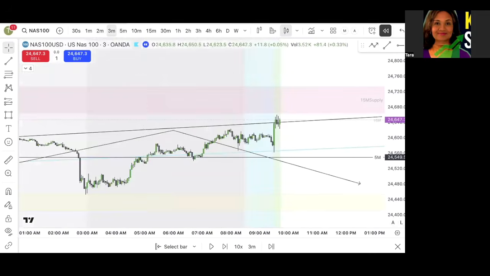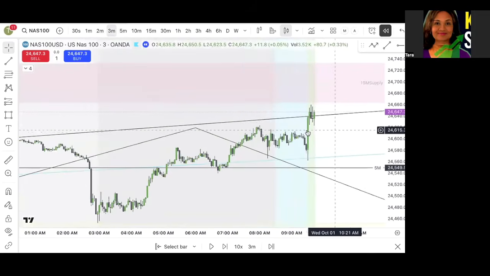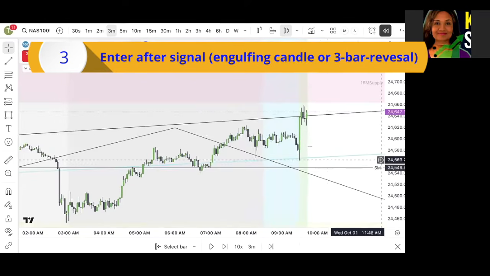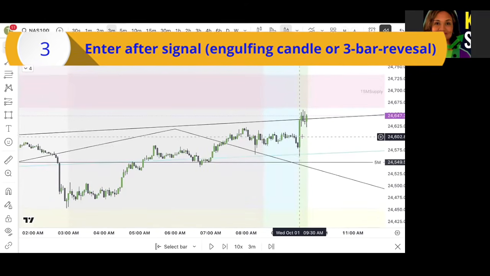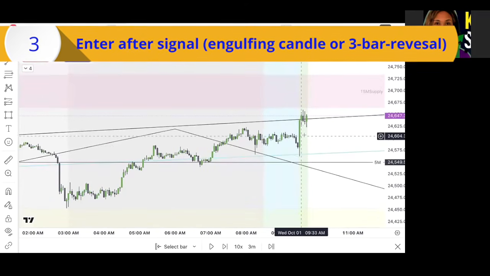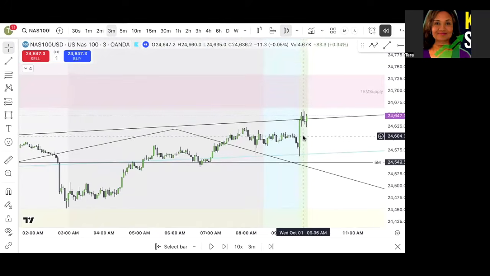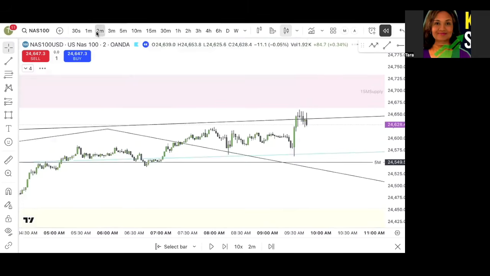Oh, and looks like within that 15-minute time frame, we do have a 3-bar reversal on the 3-minute. And we have one, here's our first bar at 9:30, here's the second at 9:33, and the third bar at 9:36. If we look at the 2-minute, we see that price is starting to go down.